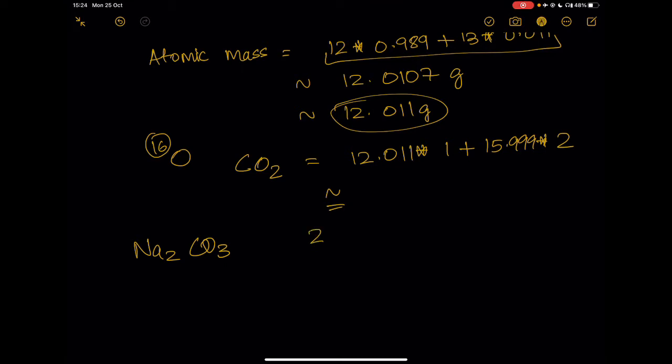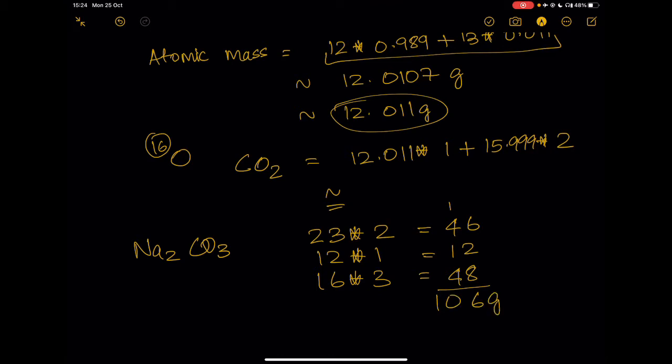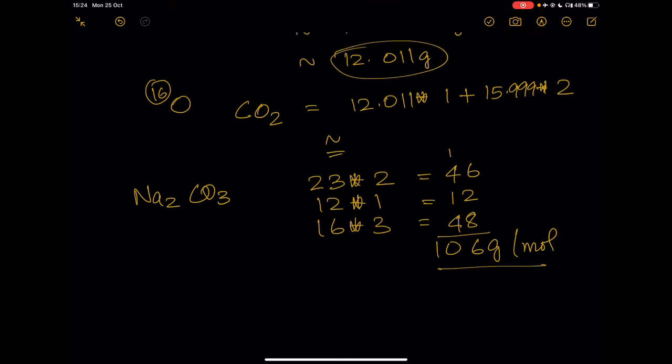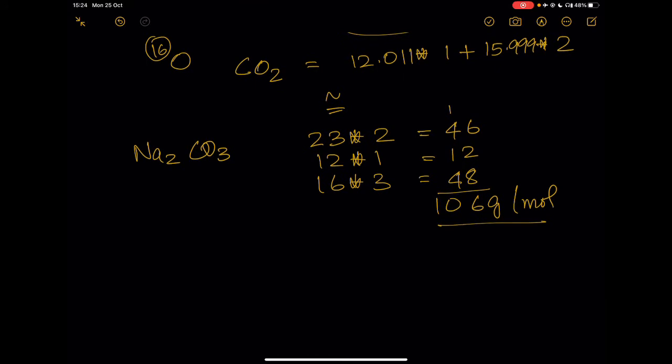So sodium atomic mass is 23, carbon is 12, and then oxygen is 16. So you're going to have 46 plus 12, which is 58, plus 48, which is going to be 106 grams per mole. So this is the molecular weight of sodium carbonate.